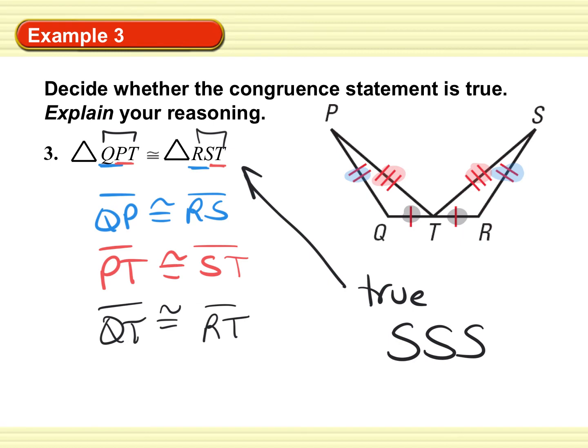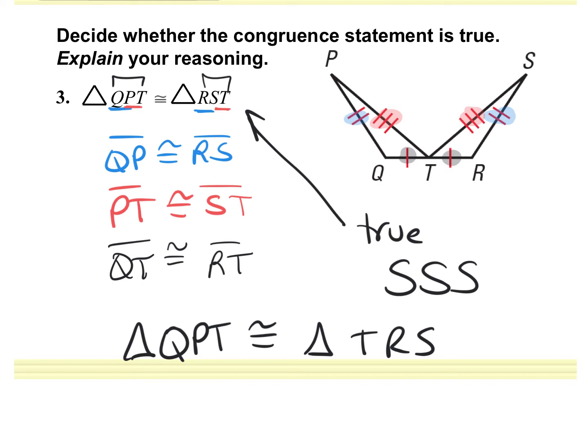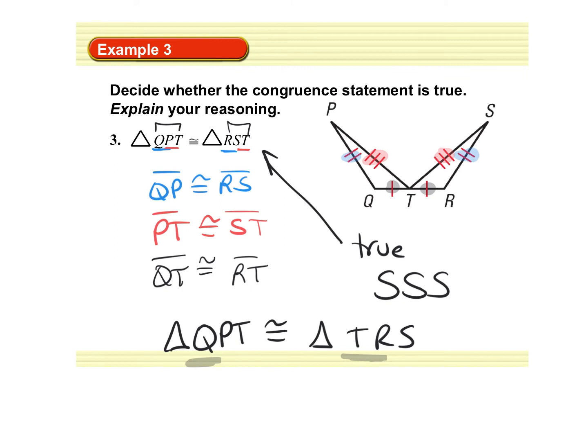Say instead, the statement said QPT congruent to TRS. This would be false because once you check the matches, they would be different. So for example, QP and TR, remember QP had the double marking and then TR had the single.